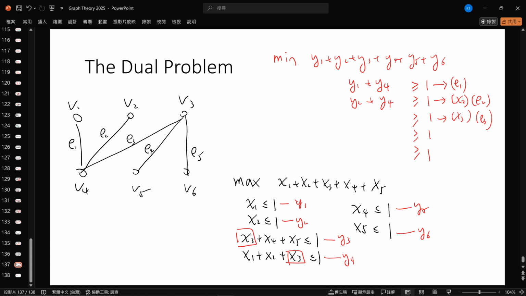Okay, so x3 appears in the third and fourth constraint. So we have y3 plus y4. And for x4, so x4 appears in the third and fifth.